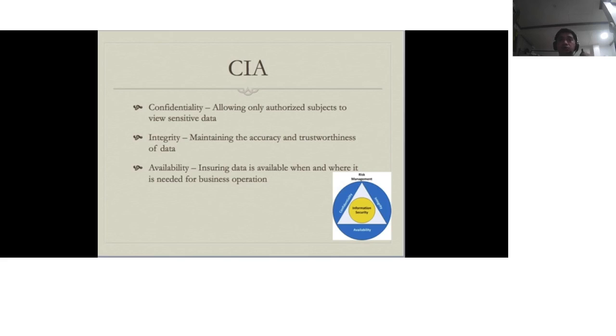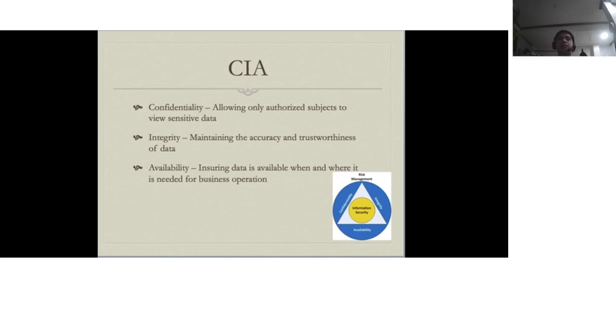Okay? So, mag-continue ra gyapon kita sa ato topics which is katong fundamentals sa information assurance and security. And now, CIA. So, what is CIA?